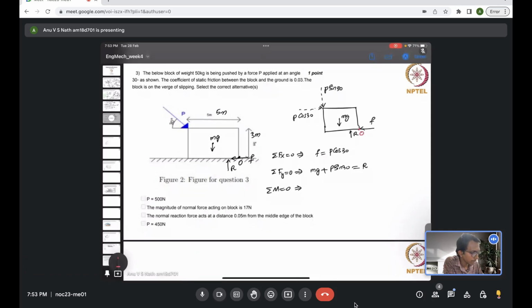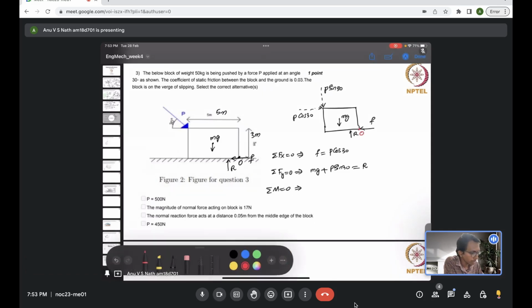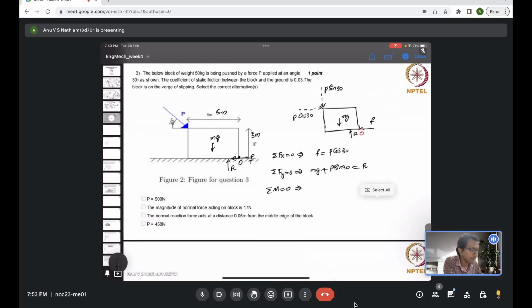Why I choose that point is that if I take a moment about it, the friction force is passing through that point, so that will not create any moment. So the moment creating forces are P cos 30, P sin 30, mg and R.